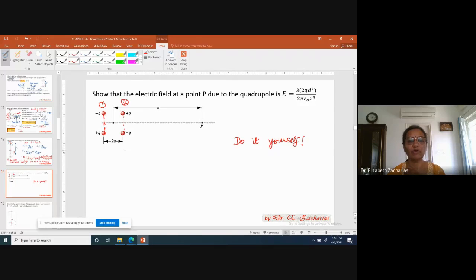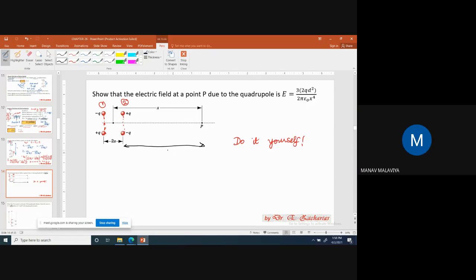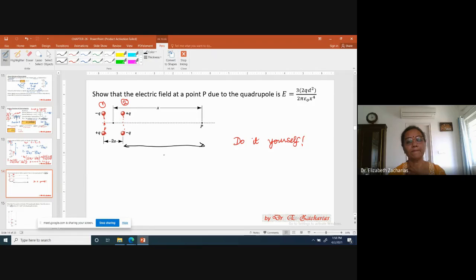So for one of the dipoles, this distance is going to be how much? Anyone? For the second dipole, what is this distance going to be? It's going to be x minus a. And for this dipole, the distance is going to be x plus a. So what you need to do is take along with sign, go to the previous problem.